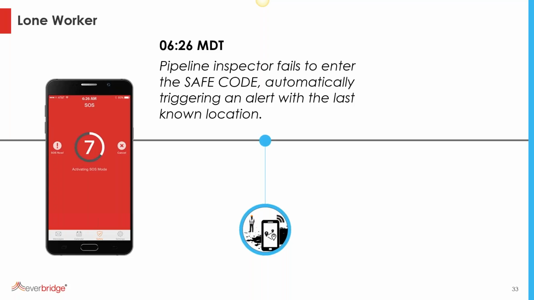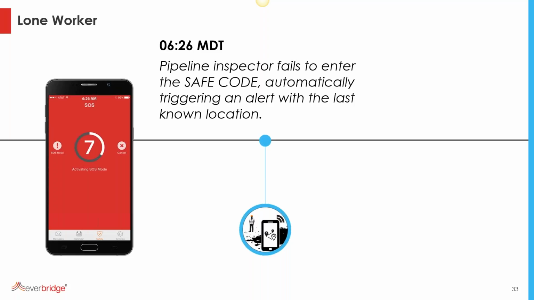And the operations manager is going to be able to see that SOS has been generated. Every time SOS has been generated, the front camera of the phone gets activated as well, and video gets captured. So if this inspector has been hurt and the phone is near them, we can see the video.